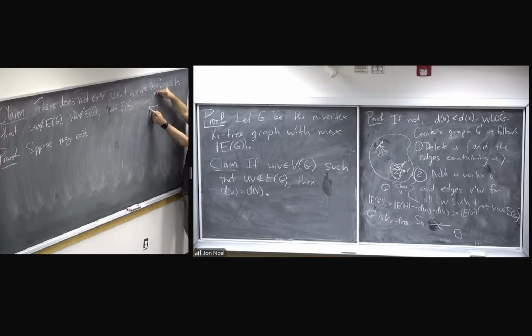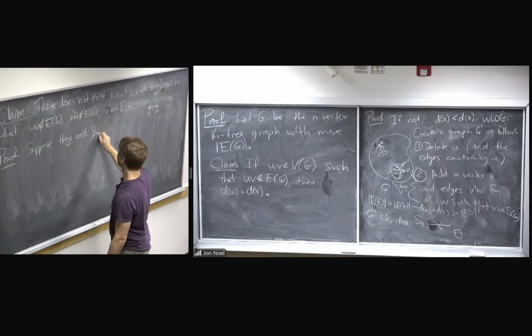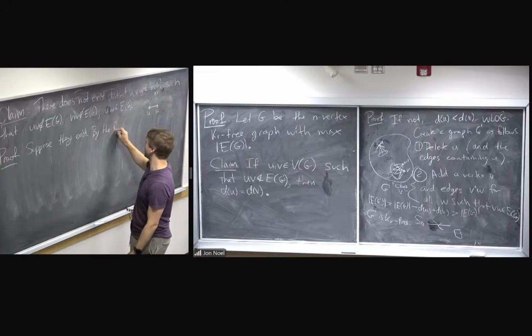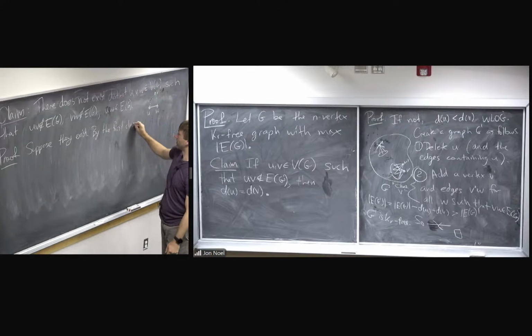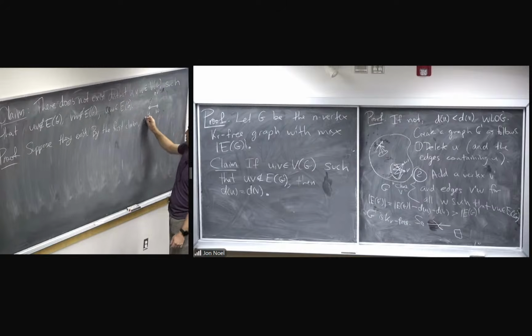That's by the first claim. But then there's a sort of transitivity thing going on. V also has the same degree as W. So they've all got the same degree: du equals dv, which is equal to dw. That's going to come in kind of handy.